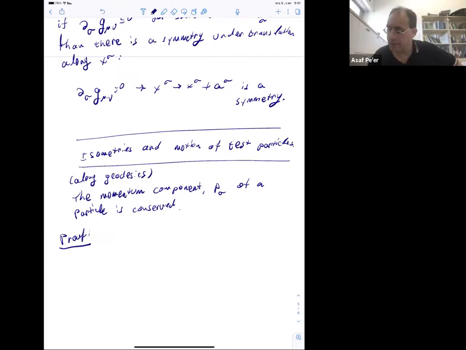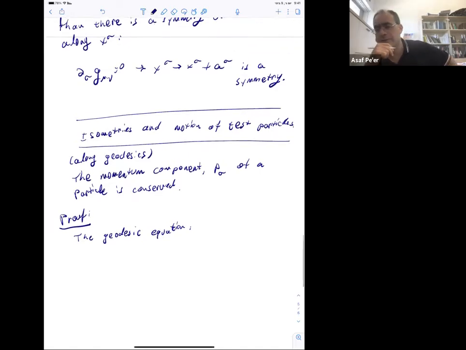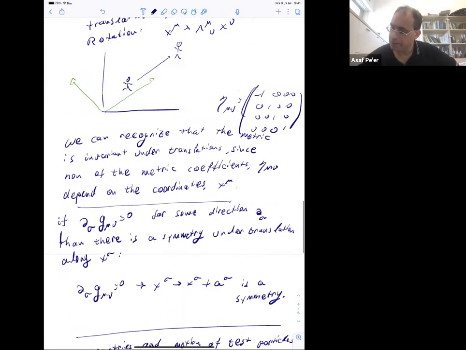Remember the geodesic equation. You can think of it as some sort of version of Noether's theorem. If I have free space, I can move from here to here, and momentum will be conserved.